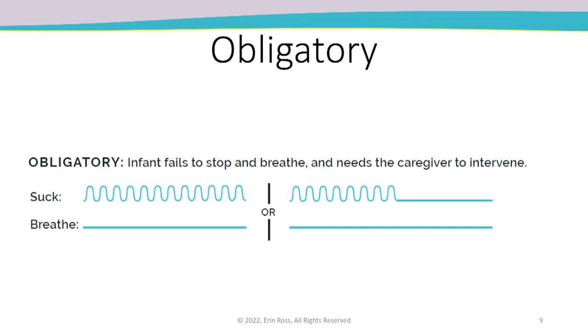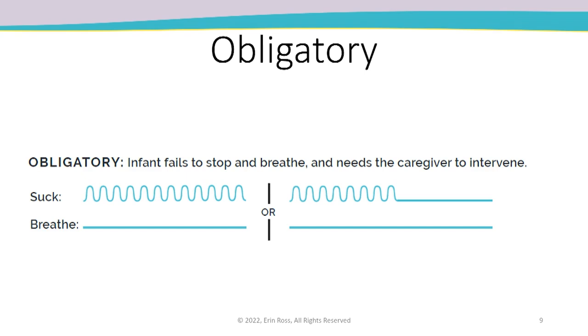And one of your handouts that you have in your dashboard is a handout where all of the steps are listed for you with the little picture representation. So here what you see, the top blue wavy lines are when the baby is sucking, so that's the sucking burst. The breathing is the bottom line, and in this case you see breathing is not happening.